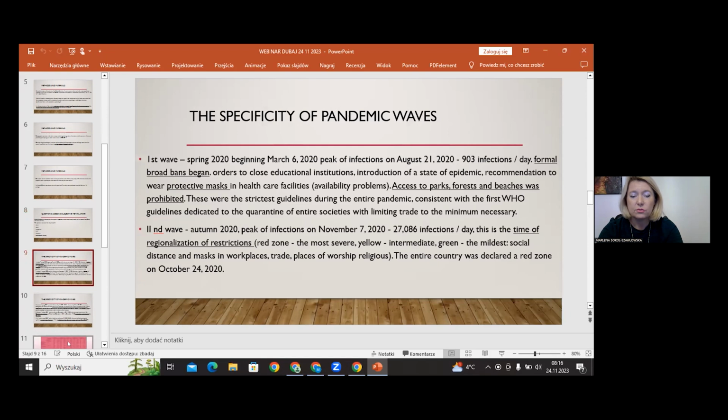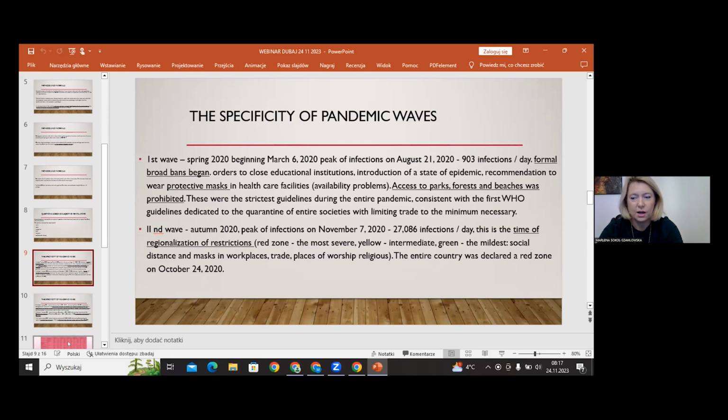The first wave, as you can see, as in our whole world, started in spring 2020, and in Poland, almost everything was closed from the beginning, and we even had bans on access to parks, forests, and beaches.